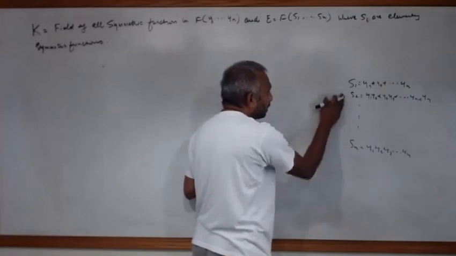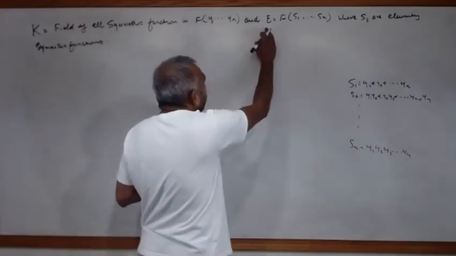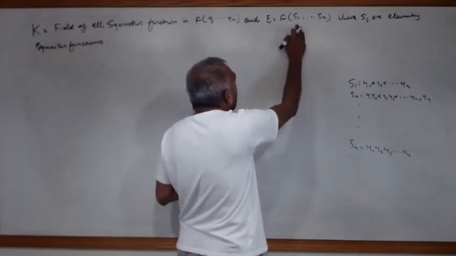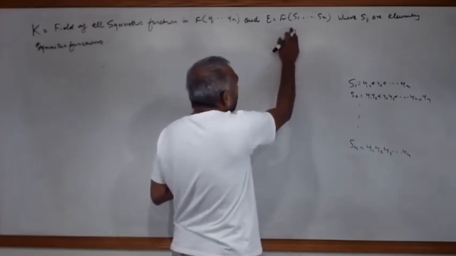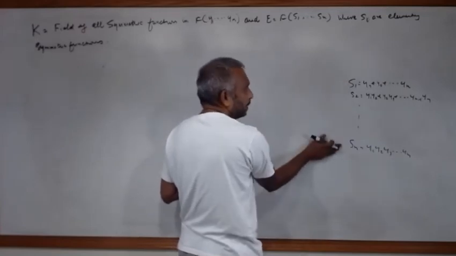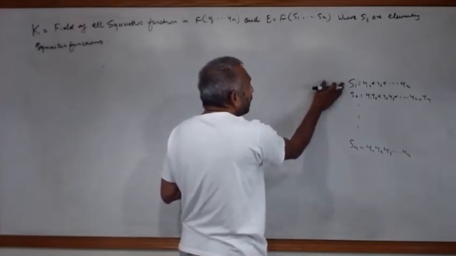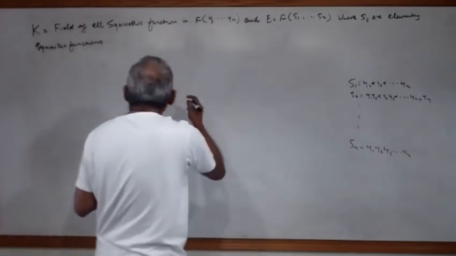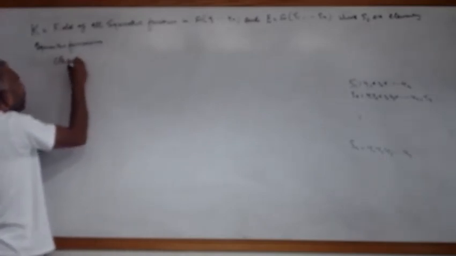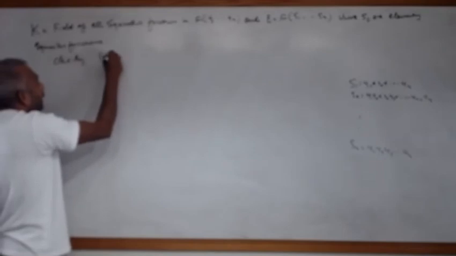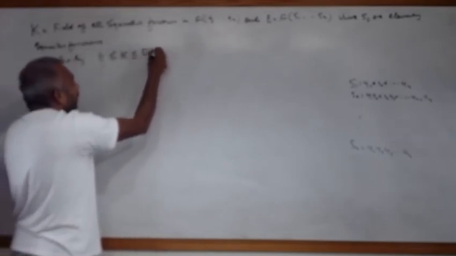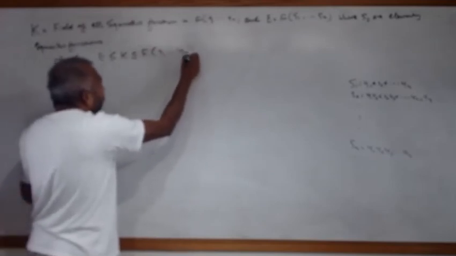So these are all symmetric functions, and F is the field of quotients of polynomials on these. So every element in this field is a symmetric function, which means that clearly E is a subfield of K, which is a subfield of F of y1 dash dash yn.